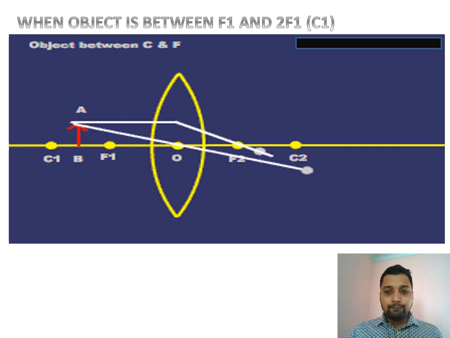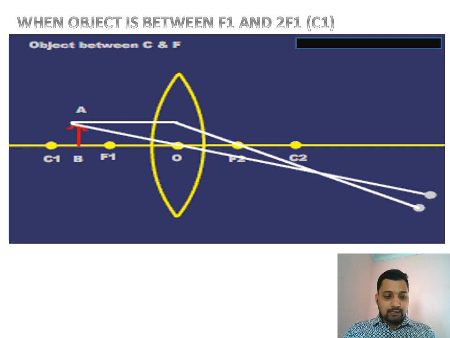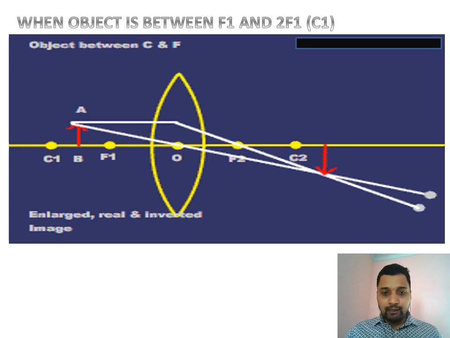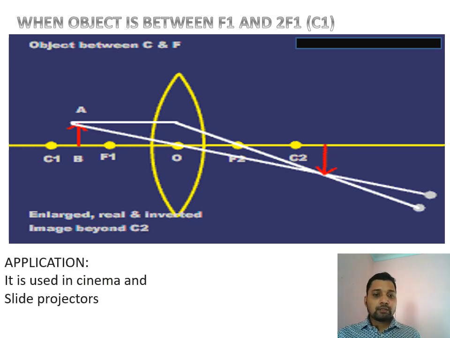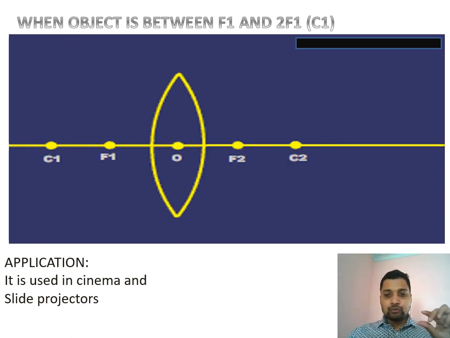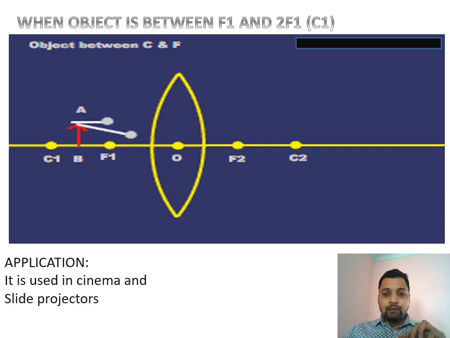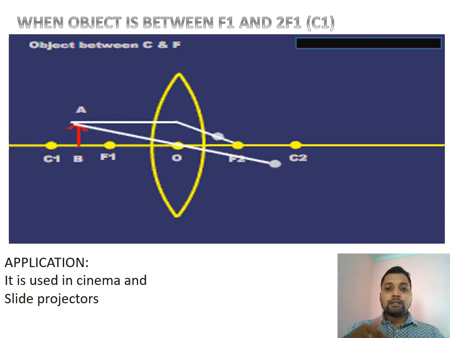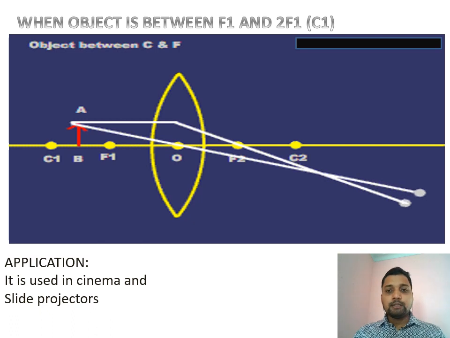Its nature is real, inverted and enlarged or magnified. This lens is used in cinema or in a slide projector, where a smaller image seems to us bigger. For that reason, in a slide projector the slide is placed inverted so that we get a straight image, because it forms an inverted image.